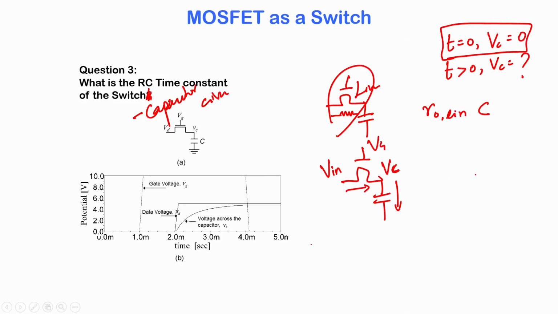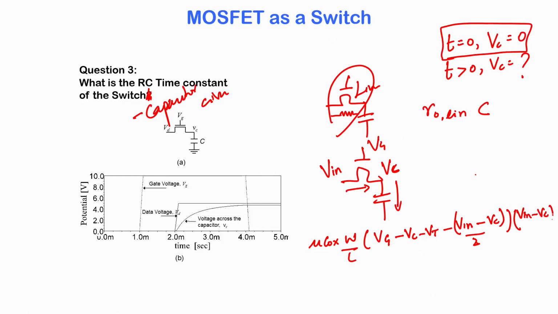It is going to be mu Cox W over L into Vgs, which is Vg minus Vc minus Vt, minus Vds by 2, where Vds is Vn minus Vc by 2, into Vds, which is Vn minus Vc. This must be equal to the current through the capacitor, so it is C dVc by dt.